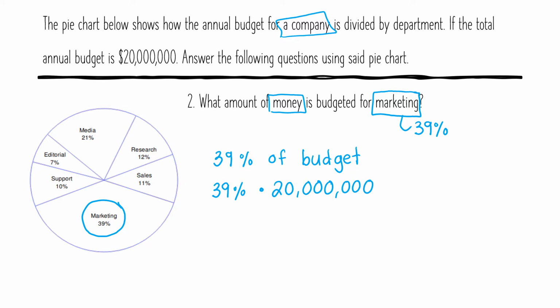So first, let's convert this 39% to a fraction. That's a little bit easier for this problem. So we have 39 over 100. And then we're multiplying by $20 million, which we'll write over 1.